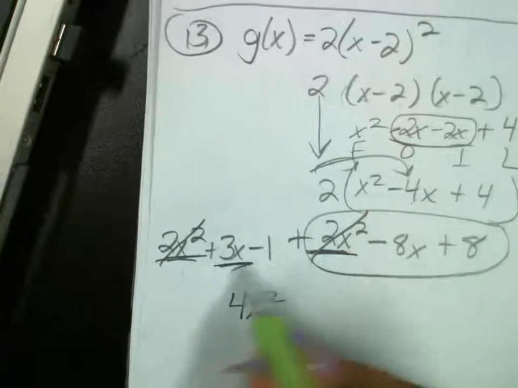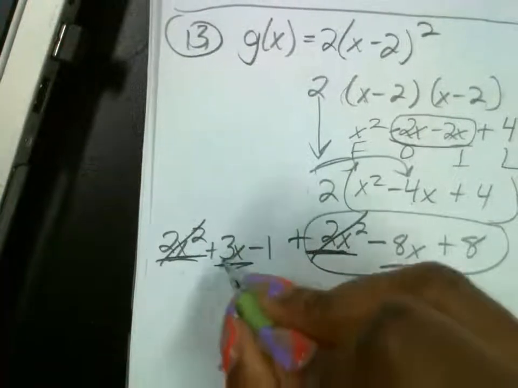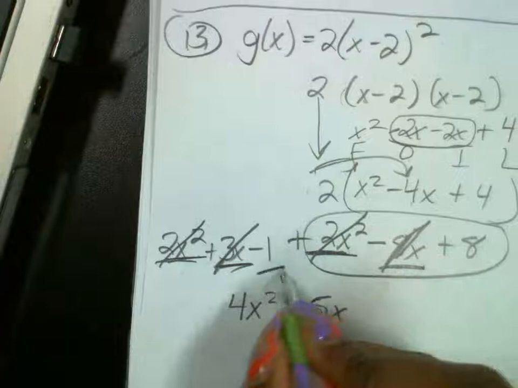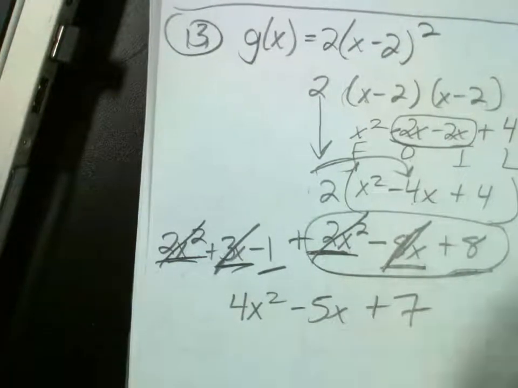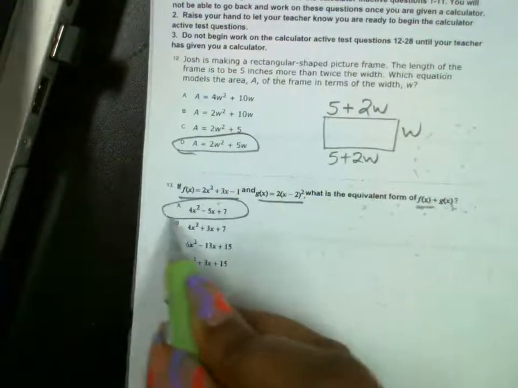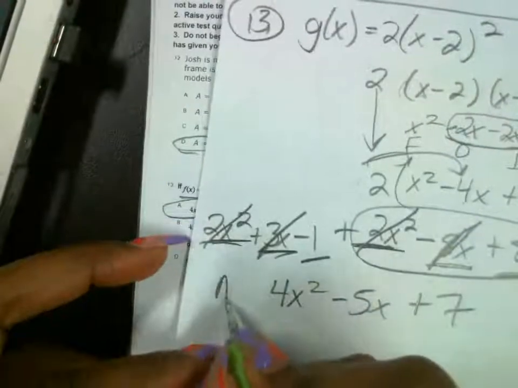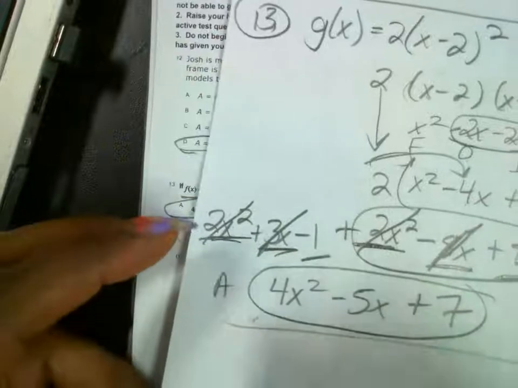And then this one and this one, when I add, that gives us a negative 5x. And then this one plus this one, they're like terms, so that gives us plus 7. Okay. So that one is this one, A. See that? So A is our answer. All right. That's number 13.